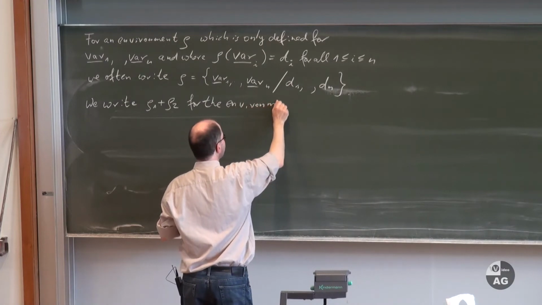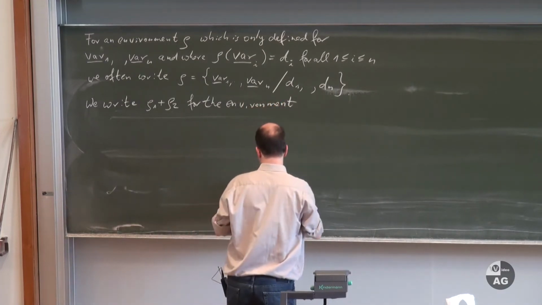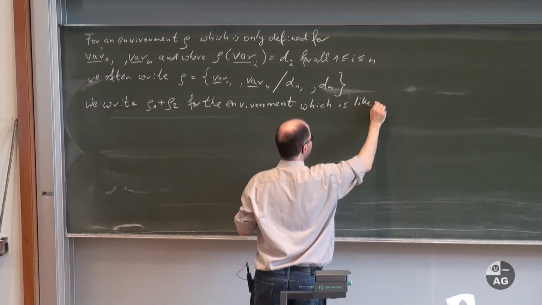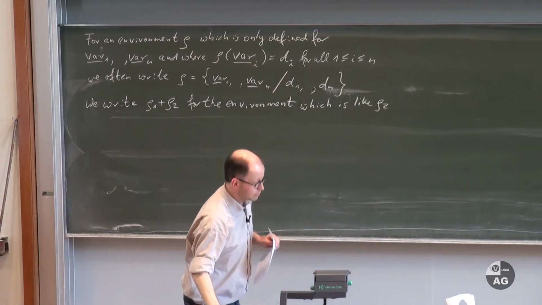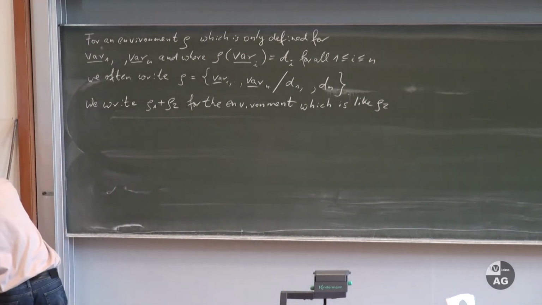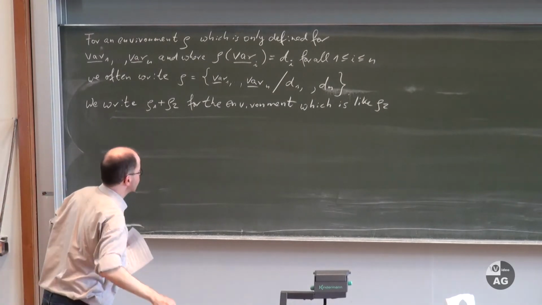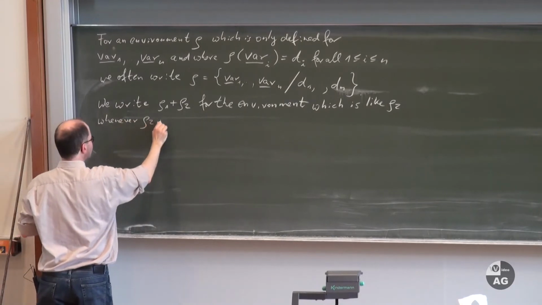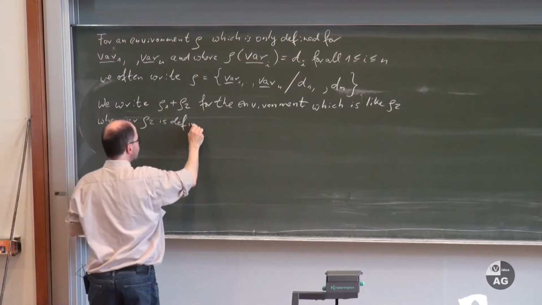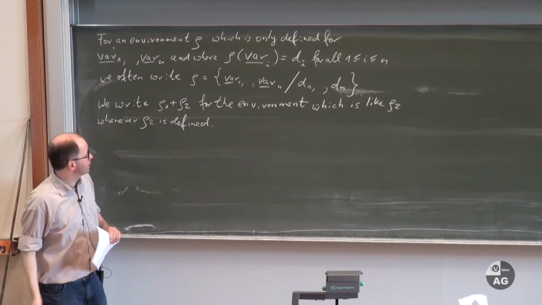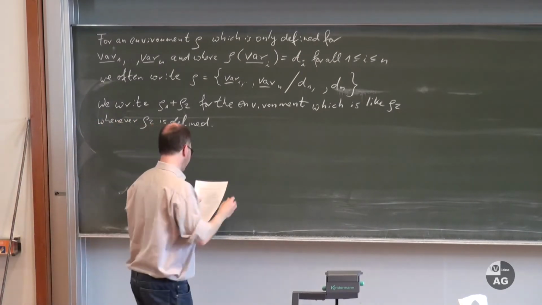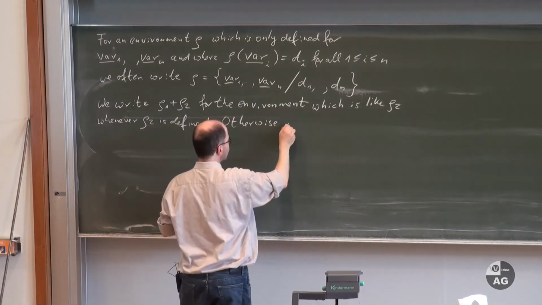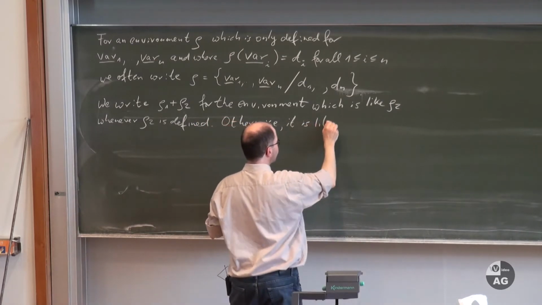So for the environment which is like rho2 whenever rho2 is defined. And when rho2 is not defined, then it behaves like rho1. Otherwise, it is like rho1.